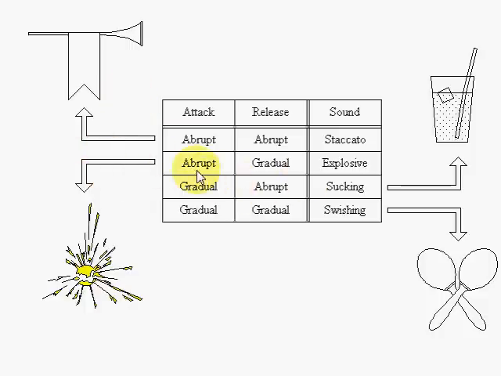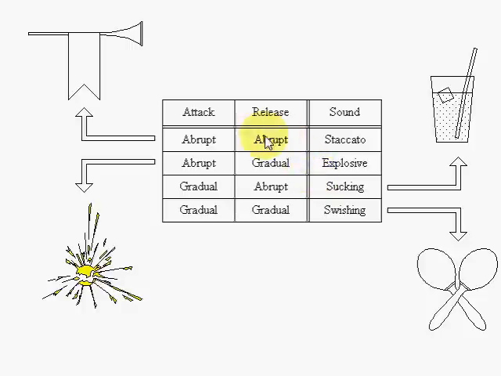Staccato. If you have an abrupt beginning and a gradual release, that's explosive. If you have a gradual beginning and an abrupt end, that's a sucking sound. And if you have gradual, you're swishing around. Or think of like ocean waves, coming in and out gradually.